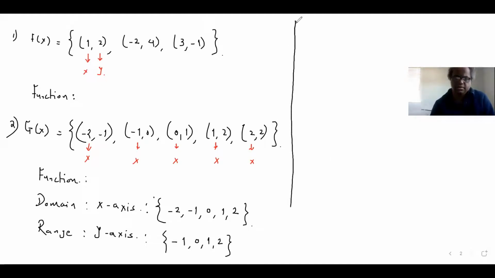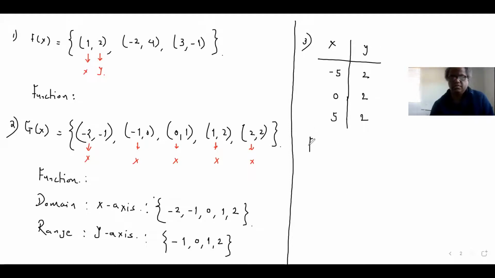Now, another example: x and y are (-5, 2), (0, 2) and (5, 2). And obviously there would be three sets of questions. One, whether this is a function or not; two, determine the domain; and three, determine the range. So if you look here, yes, this is a function. Why? Because your x value is unique.